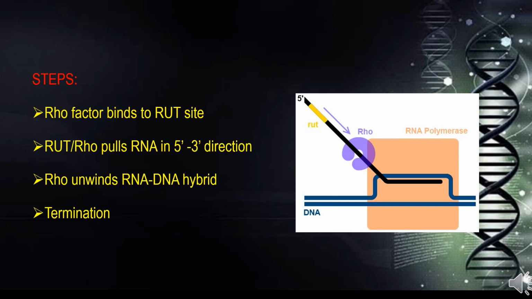They eventually catch up with the paused RNA polymerase in front. And this rho unwinds the RNA-DNA hybrid, leading to termination. That is, during termination, rho factor binds to the RUT site, pulls the RNA in 5' to 3' direction and unwinds the RNA-DNA hybrid, and this will lead to the termination.